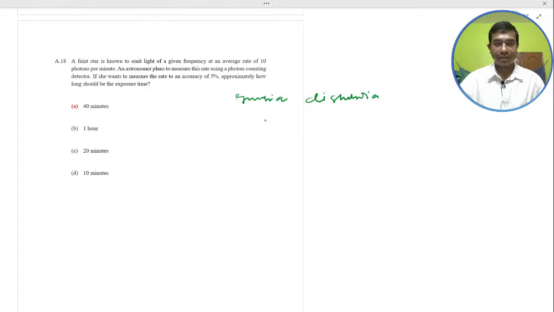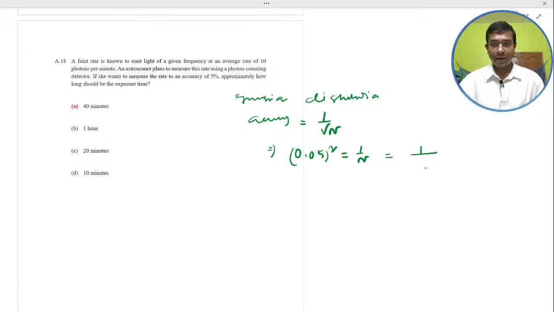That means the accuracy is equal to 1 by root n. That is, accuracy 0.05 whole square is 1 by n. That is equal to 1 by 10 into T, where 5% is the accuracy.